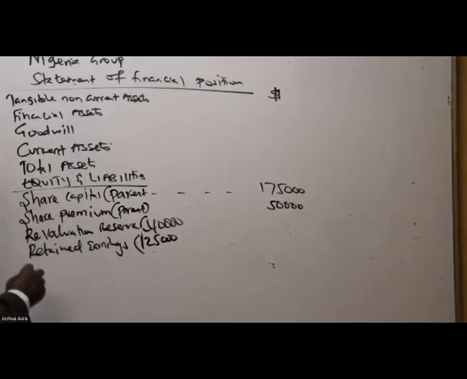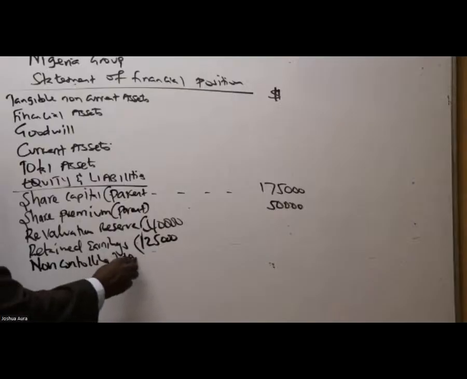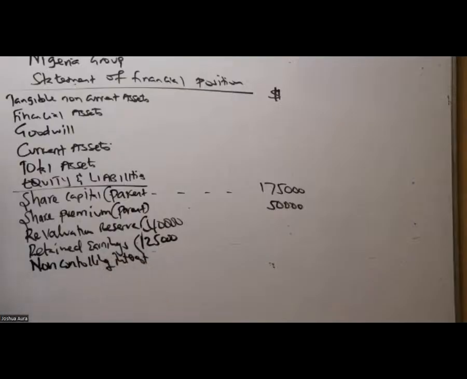Under equity, don't forget the non-controlling interest has to come there. Non-controlling interest is part of the permanent source of funds. And from there, we go to the liabilities.